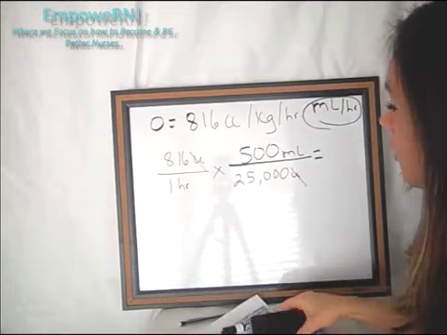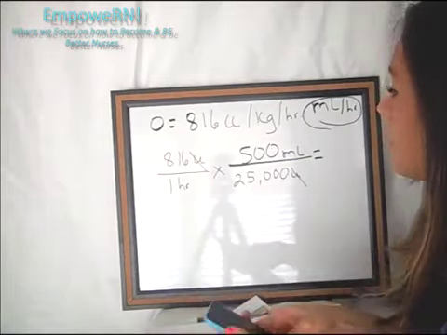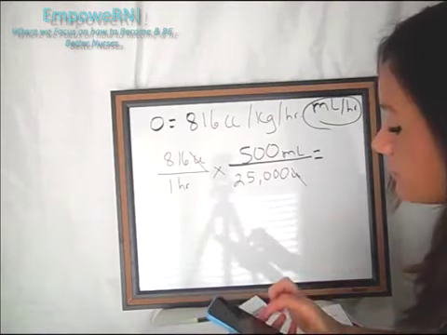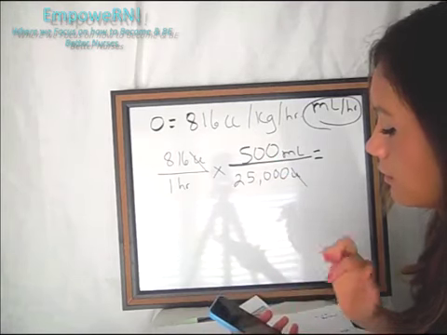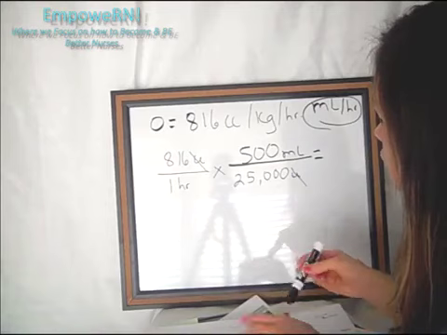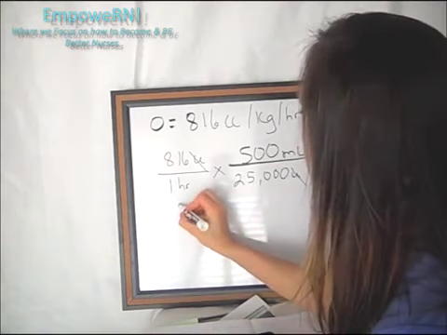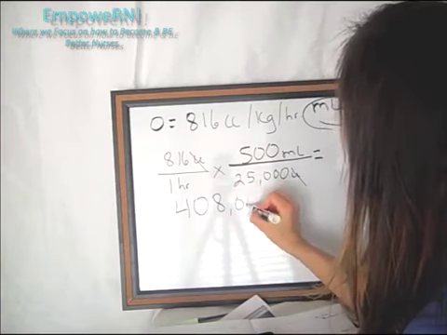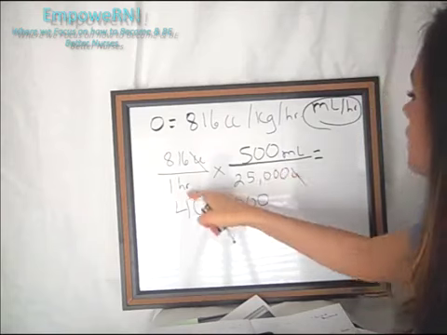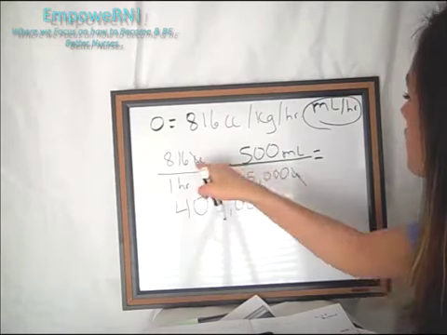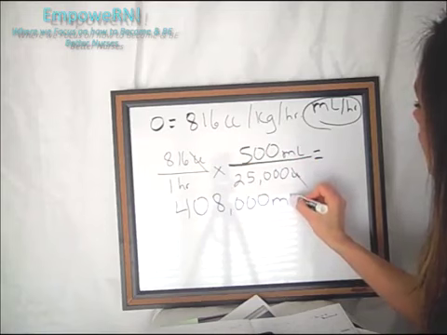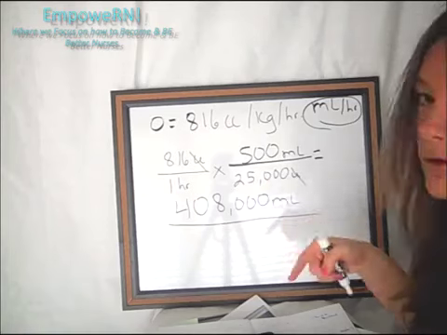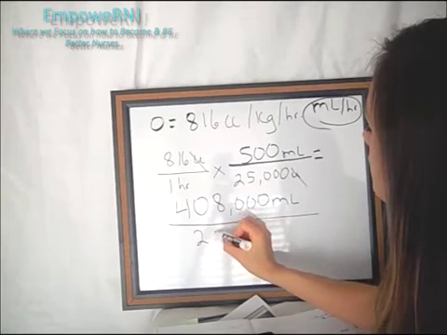across. So we're going to get some very large numbers, but if we take 816 times 500, we will get this large number of 408,000. And then if we times 1 by 25,000, oh, and sorry, we need to put our units there. And if we take 1 times 25,000, 1 times anything is basically just the same number.